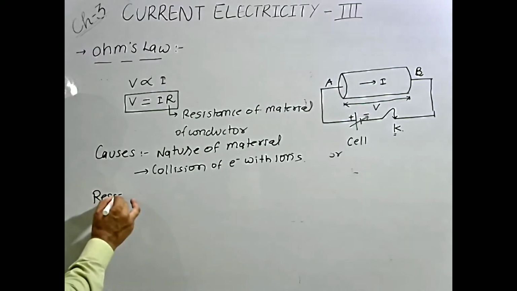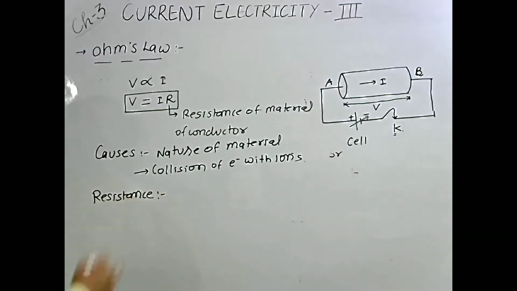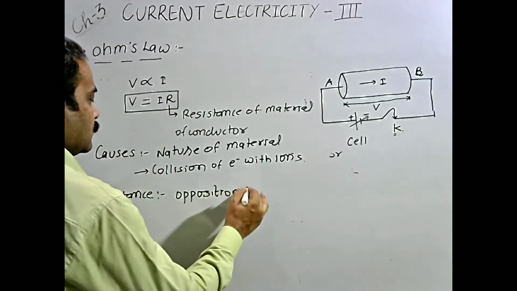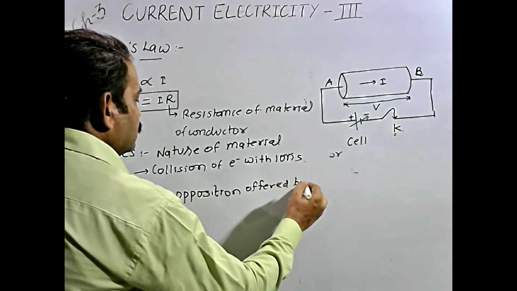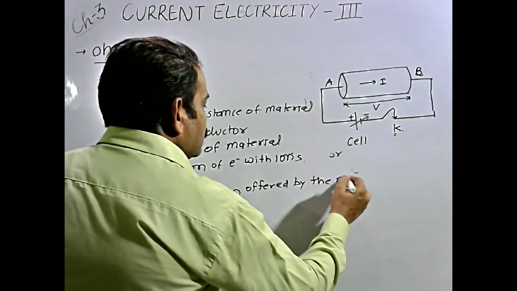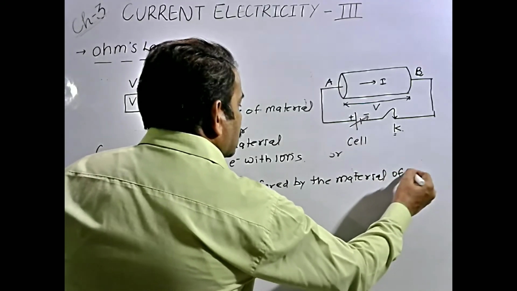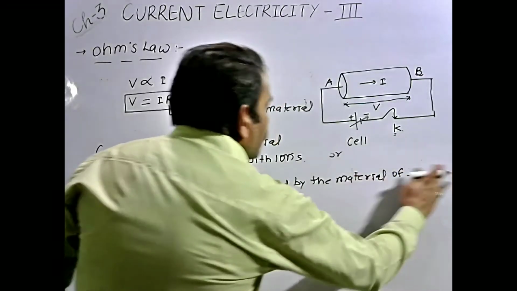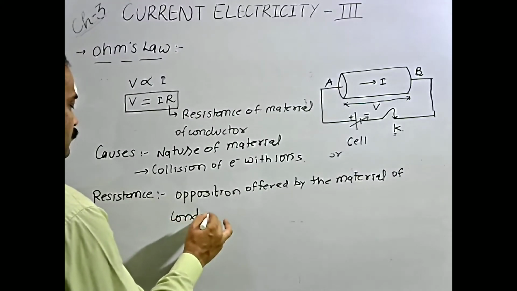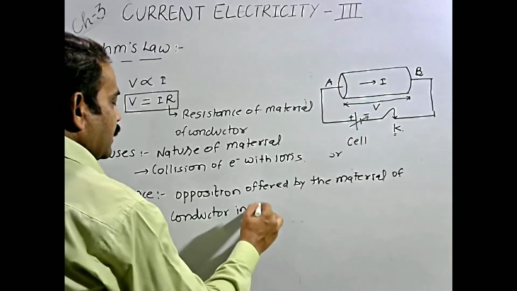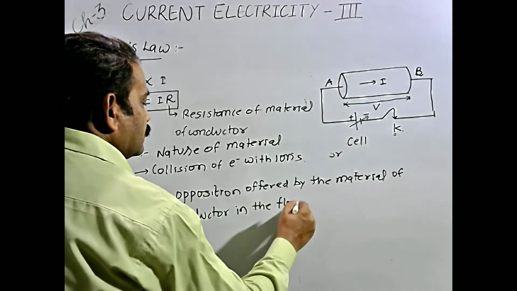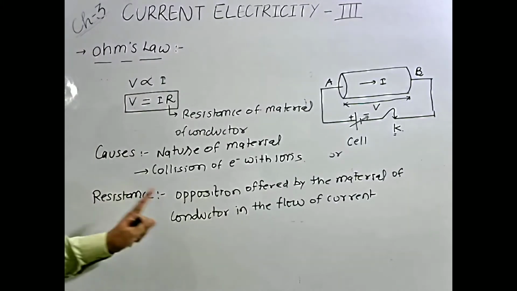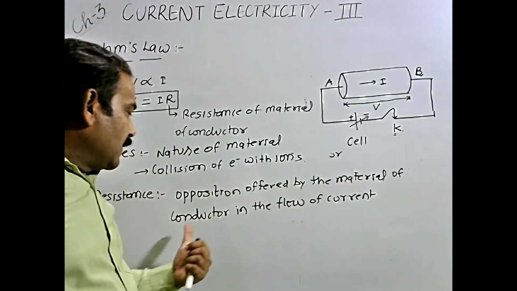Resistance is basically defined as the opposition offered by the material of the conductor in the flow of current.